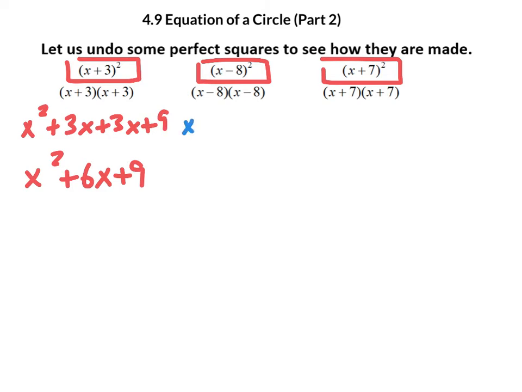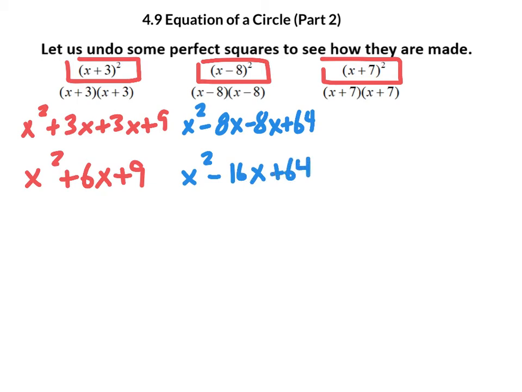I get x squared minus 8x minus 8x plus 64. This simplifies to x squared minus 16x plus 64. And the last one, I get x squared plus 7x plus 7x plus 49. And I get x squared plus 14x plus 49.